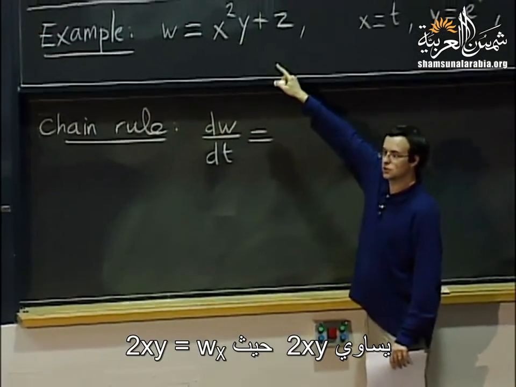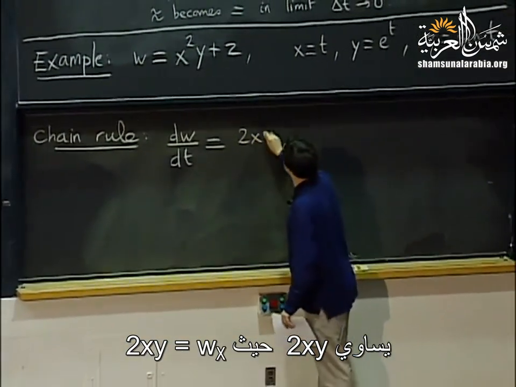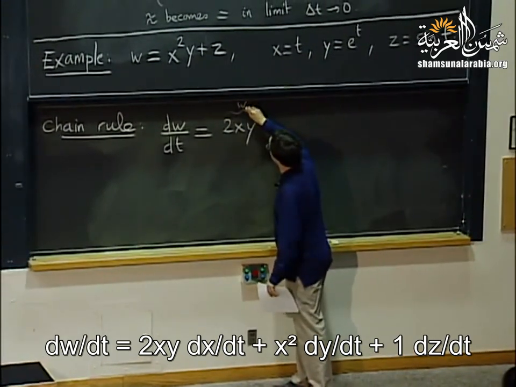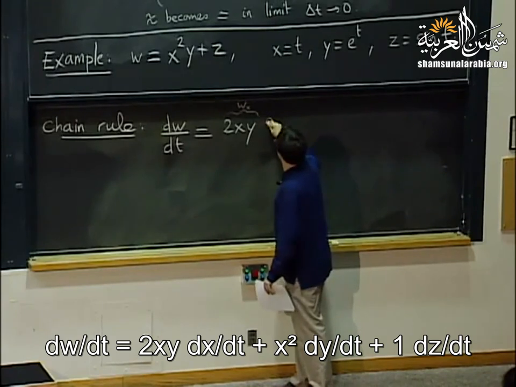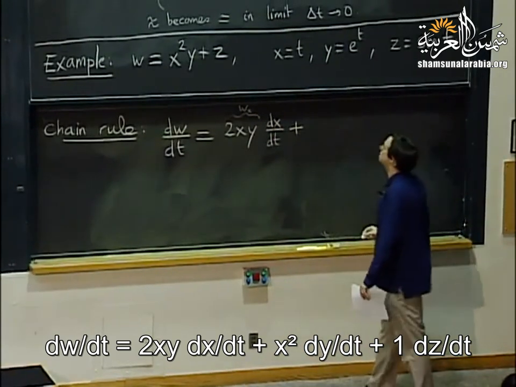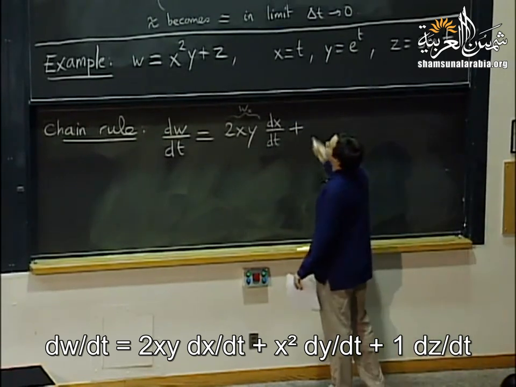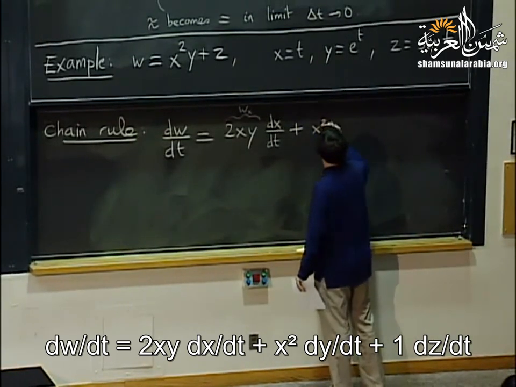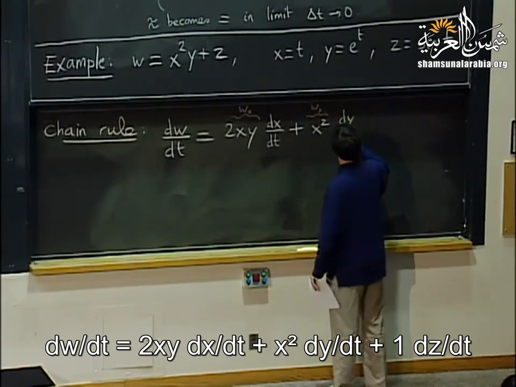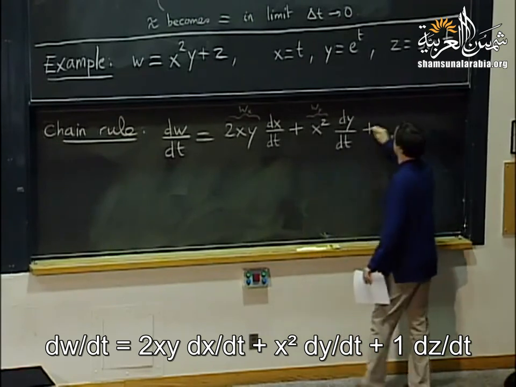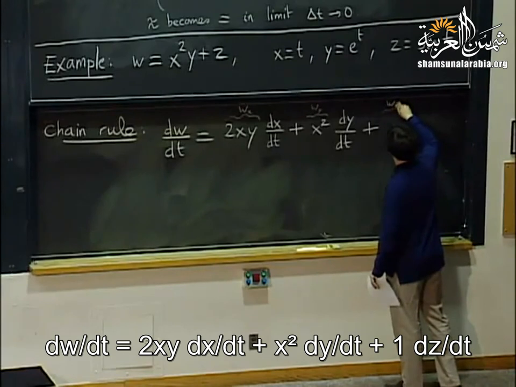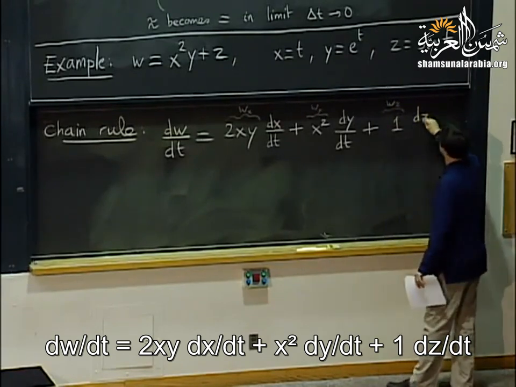That's 2xy, so maybe I should point out this is w sub x, times dx dt, plus w sub y, which is x squared, times dy dt, plus w sub z, that's going to be just 1, times dz dt.